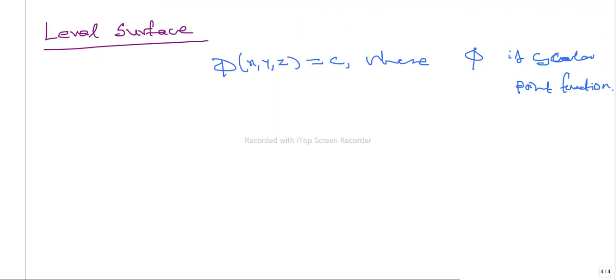Now, for a scalar function we have to operate something, and for a vector point function we have to assign something, that is what we call the gradient. So the gradient we can define for a scalar point function.